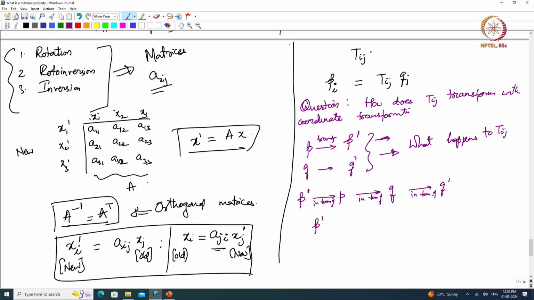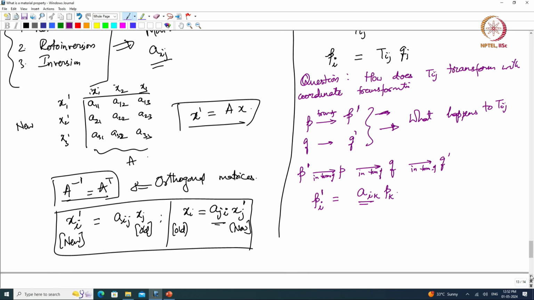P dash is nothing but a transformed vector of P. P is the old vector, P dash is the new vector. So, P dash of, let us say, i equals, for a reason I am going to use a different index, Aik Pk. So, A is the transformation matrix, Pk is the old vector in the older coordinate system, and Pi dash is the vector in the new coordinate system.